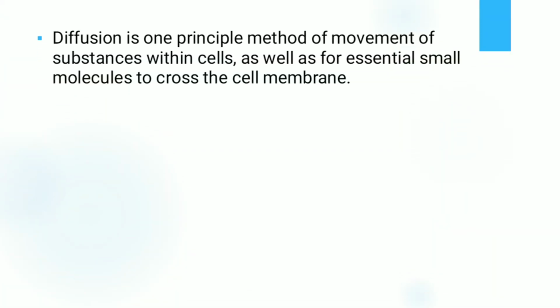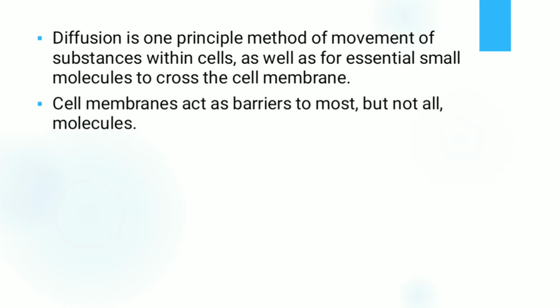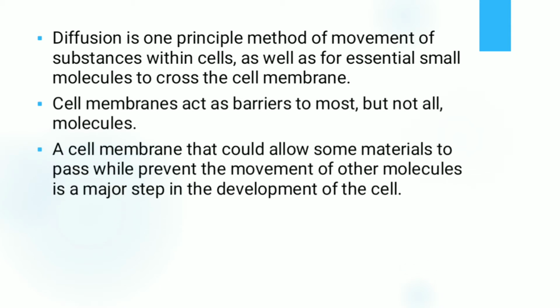Diffusion is one principal method of movement of substances within the cell as well as for essential small molecules to cross the cell membrane. The cell membrane acts as a barrier for most but not all molecules. A cell membrane that could allow some materials to pass while preventing other molecules is a major step in the development of the cell.